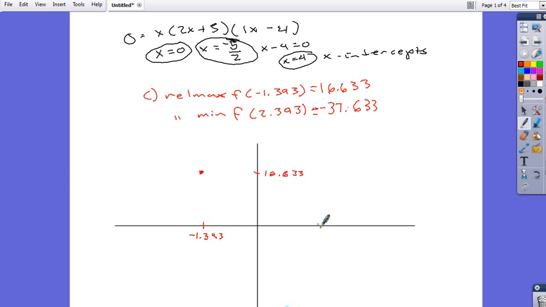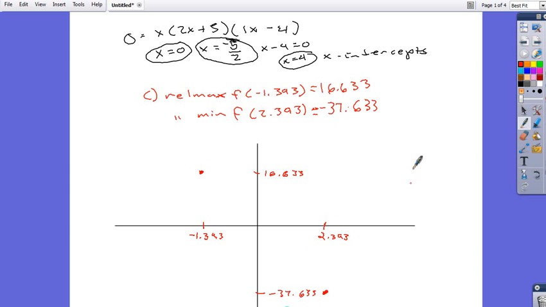And then 2.393. Alright, down 37.633. Which, I mean, I don't have to be down a whole bunch. There you go, that's about it.